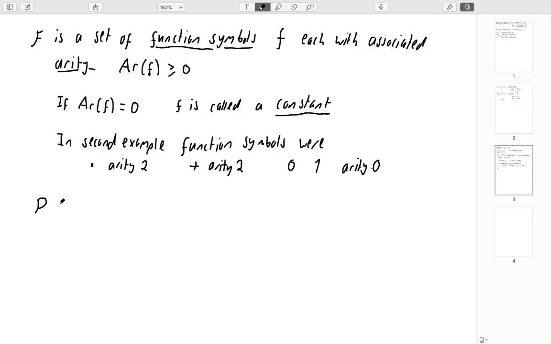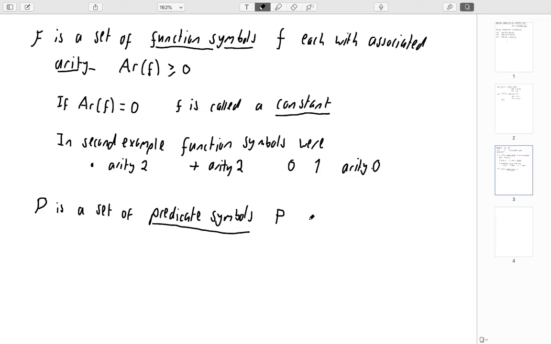So curly P is a set of predicate symbols, and again I'll use just P, not a curly one this time, as a generic name for a predicate symbol.